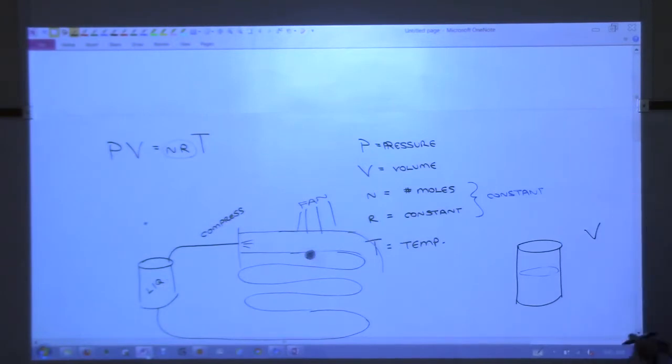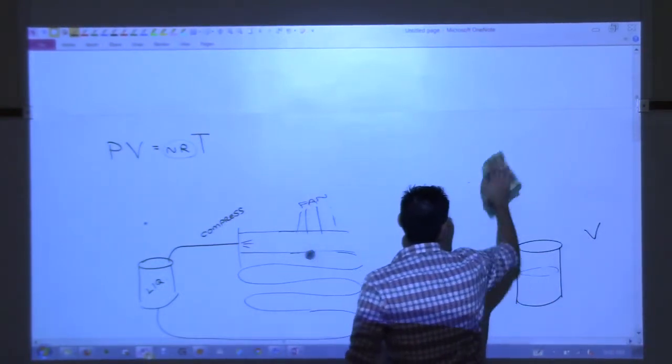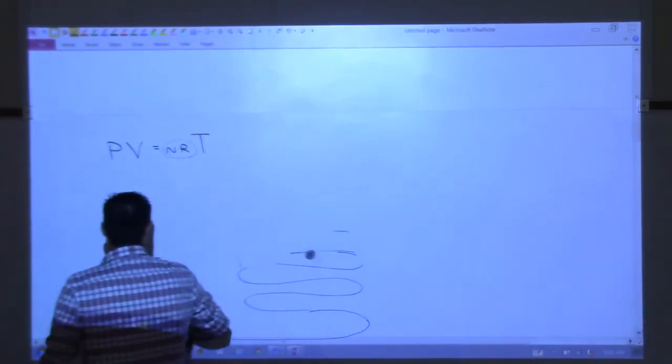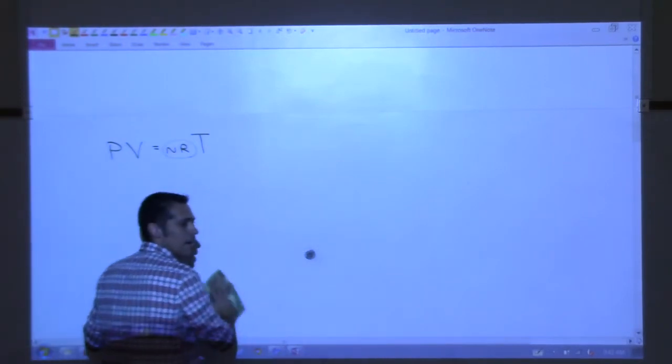Now, what does this have to do with implicit differentiation? Everything I've done up to this point, in terms of differentiation in this class, we've always had an equation that has just x and y in it, right?